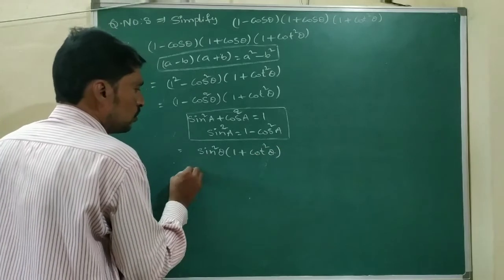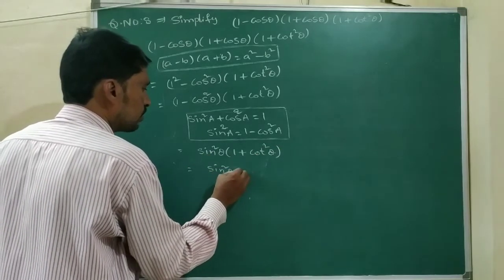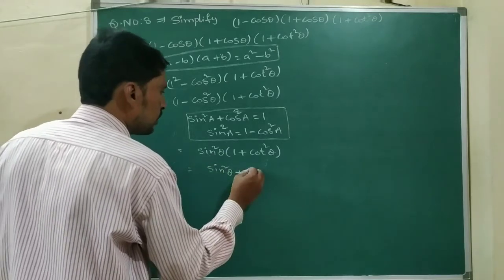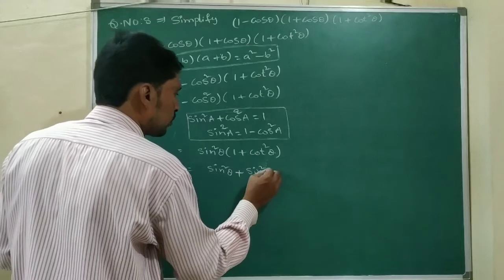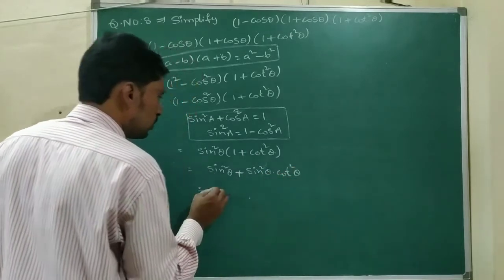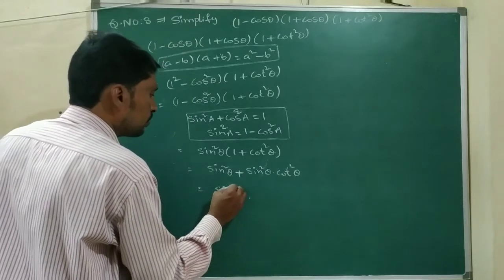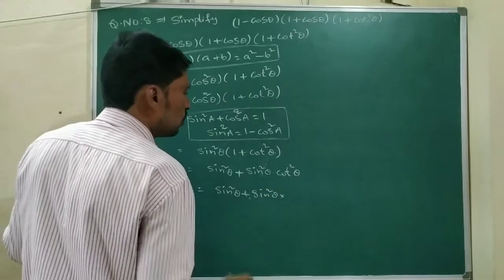Now you can multiply sin square theta into 1, sin square theta, plus sin square theta as it is into cot square theta. That equals sin square theta plus sin square theta into cot square theta.